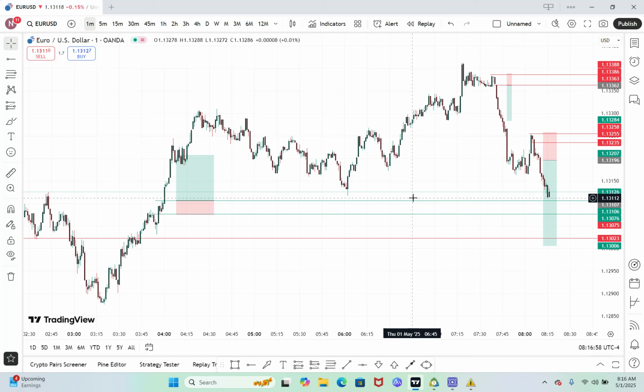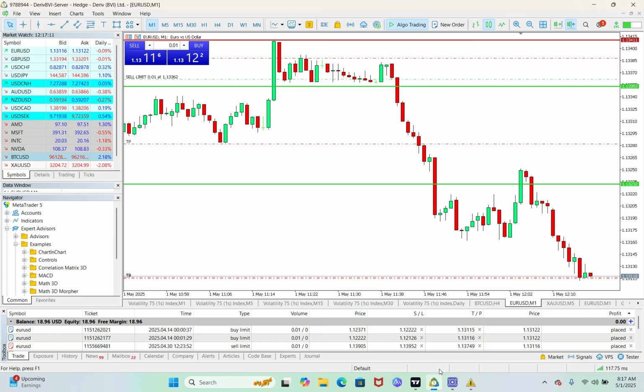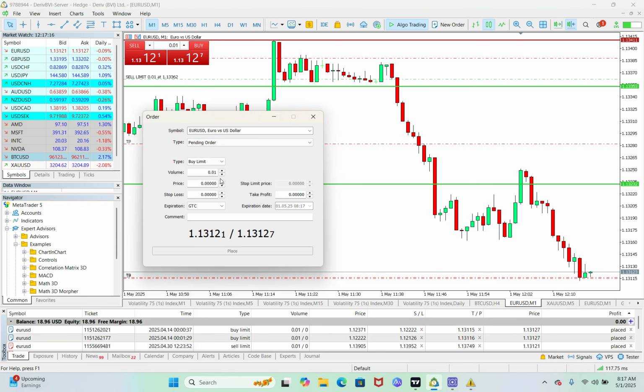So this is a sign that this area can put us up, but we have to be quick because the market is very close. So 13,107, 13,075. New order, buy limit, 13,107. Stop 13,107.